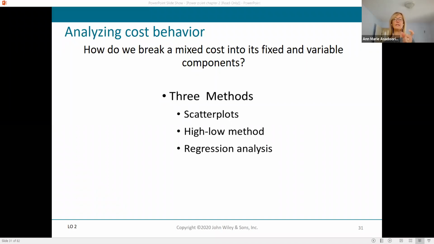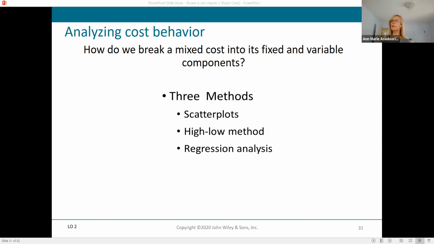And we also know, because there is a fixed portion in a mixed cost, you can identify a mixed cost per unit. It will go down as your volume goes up. So it's a little mixture of both variable and fixed. In total, it goes up as volume goes up, but per unit, it goes down because you have that fixed portion.